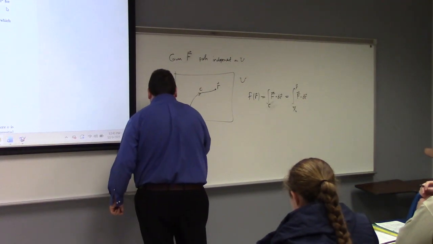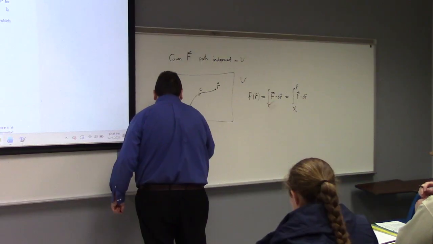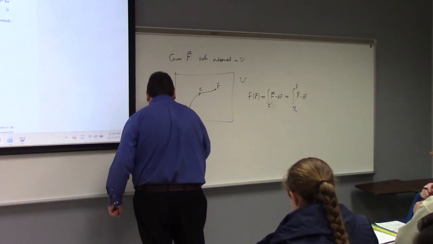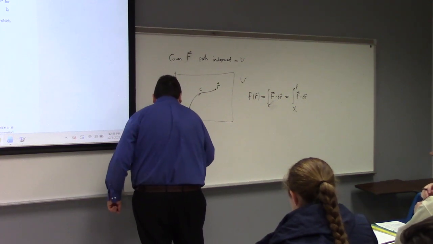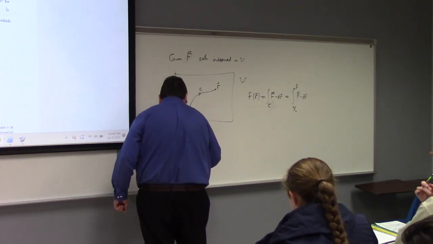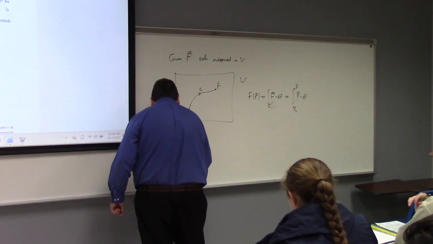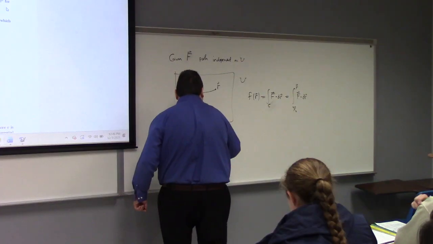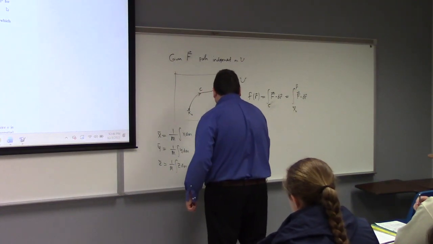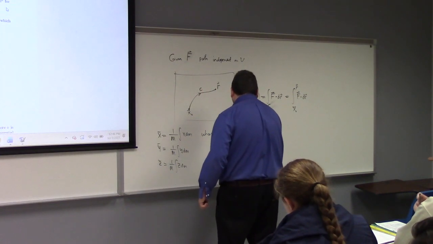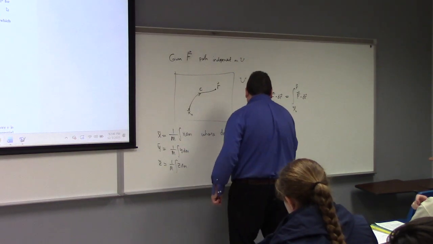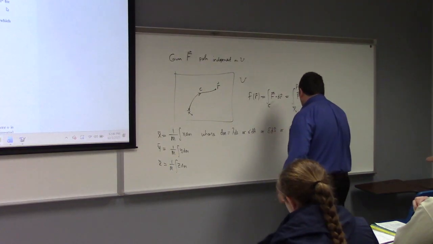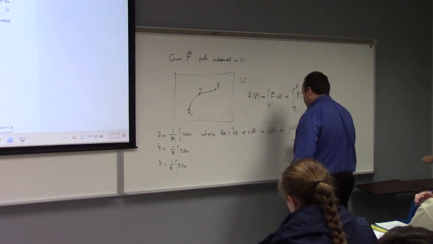is x bar is equal to 1 over the mass times the integral of x dm. Y bar is equal to 1 over the mass times the integral of y dm. And z bar is equal to 1 over m, the integral of z dm, where dm is either equal to lambda ds, or sigma dA, or delta ds, or rho, I don't have a good notation for it.